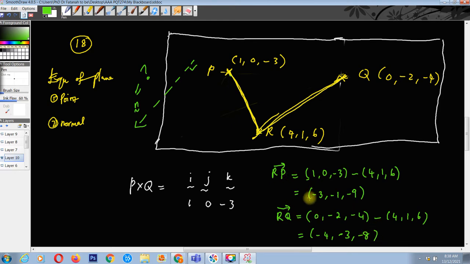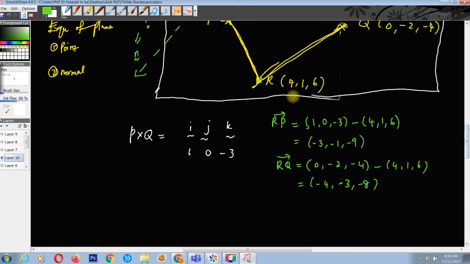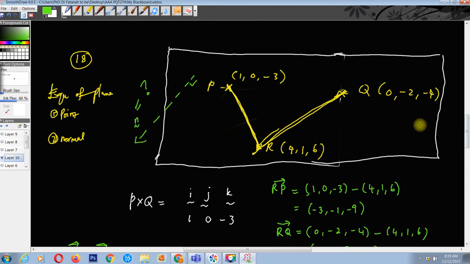So now we have these two equations. If we cross RP with RQ, we will get the normal, this normal.